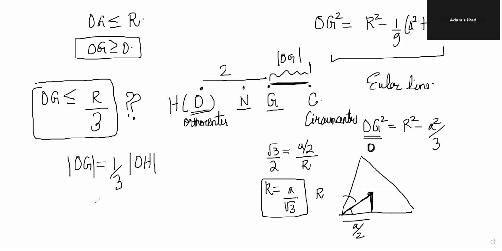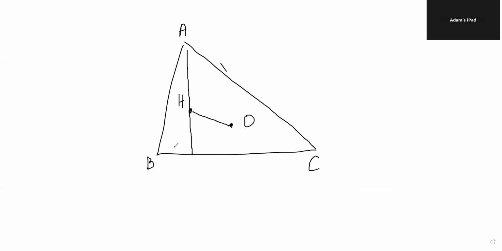But I don't know whether you'll get a condition from it or not. 1 second. So if a random triangle is there, A, B, C, orthocenter is here, H, and circumcenter is here, O. I want this distance.